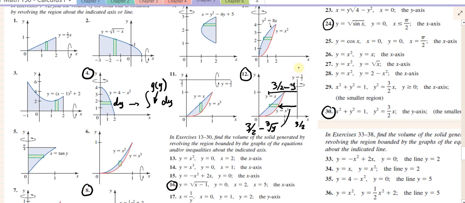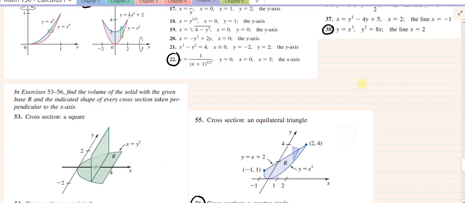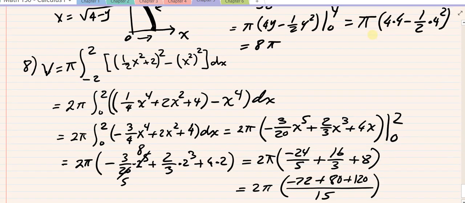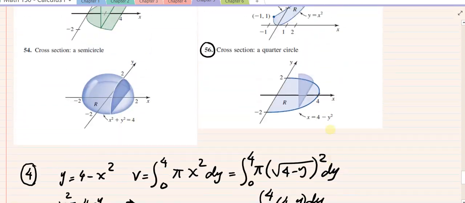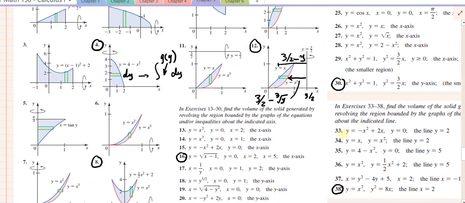Again, rotation, keep in mind, is about this line, y equals 3/2. So it's the outside function, the line, minus the inside function, x cubed. Therefore, for exercise number 12, I can write the volume is going to be pi. The limits of integration, because we go along the y, start here and end here at 1.